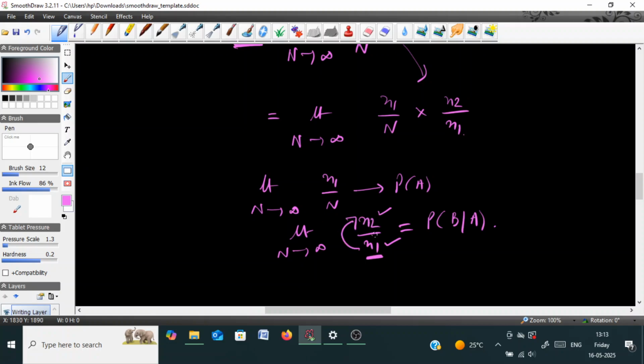So this ratio n2 by n1 is the conditional probability of event B given event A has occurred.